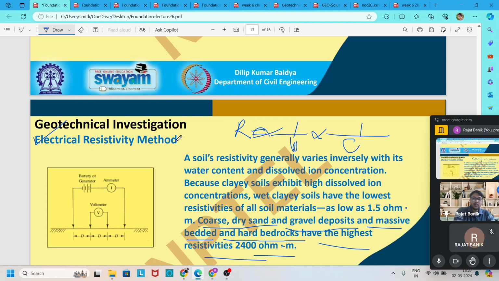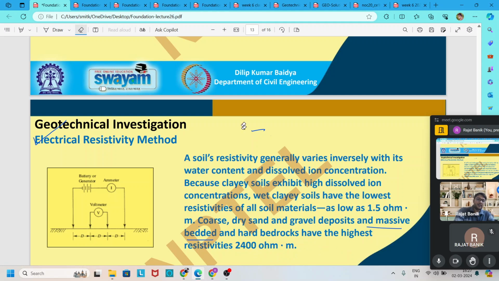Clay possesses less resistivity, and sand, coarse gravel, dry sand possess the highest resistivity, because clay has the property to absorb more water and also has more ion concentration. So the current flow through the clay soil is very good and there is little resistance. So the resistivity of the clay soil is less.